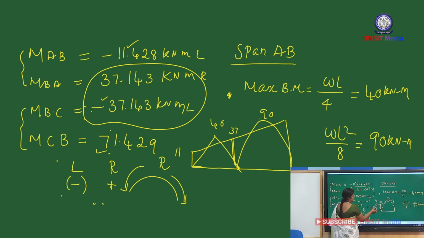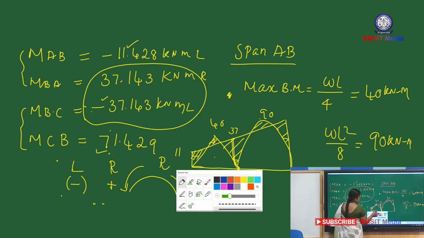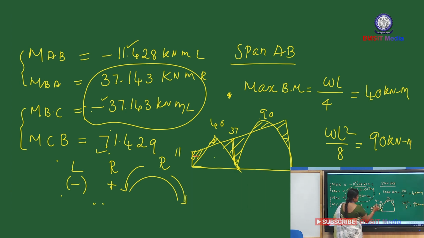Here there is positive bending moment and negative bending moment also. Both will compensate each other, so we have to shade the extra bending moment. These are all the extra bending moment. This is negative, this is positive, this is also negative, positive and negative.